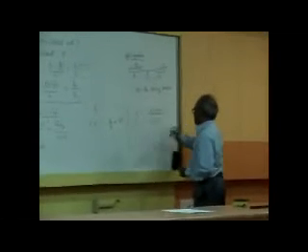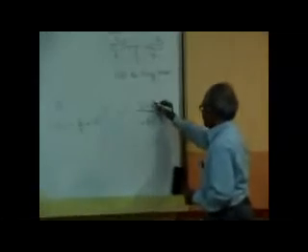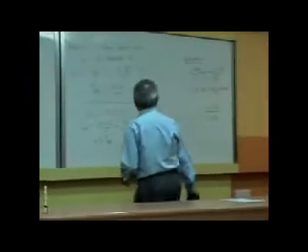Beta is just v by c. So much for Shastri's parameters.